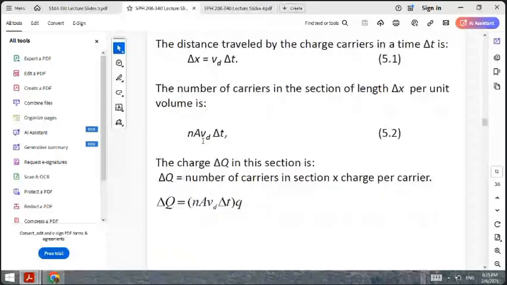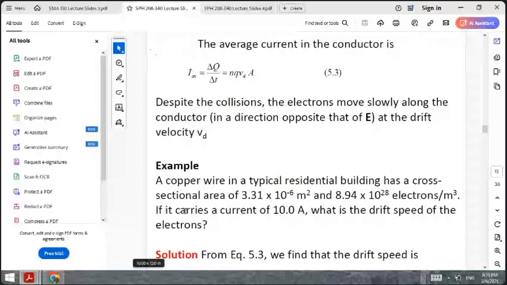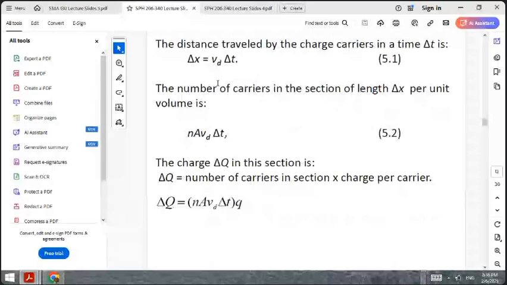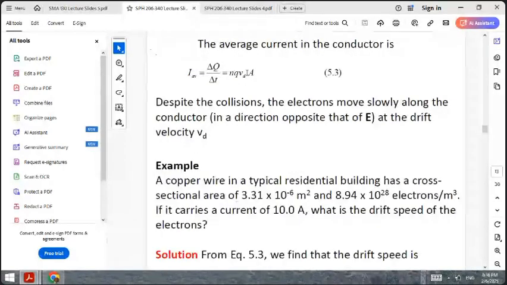So we take our equation 5.3 and divide it by delta t, because delta Q is here. If I divide it by delta t, I get current, because we are saying current is delta Q divided by delta t.